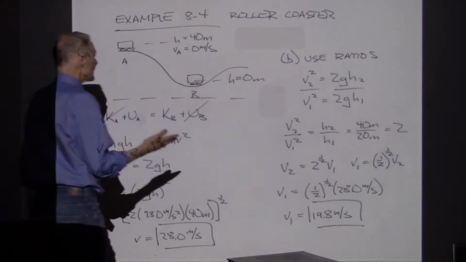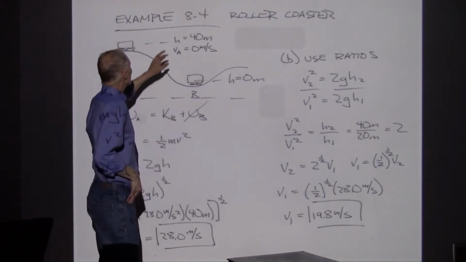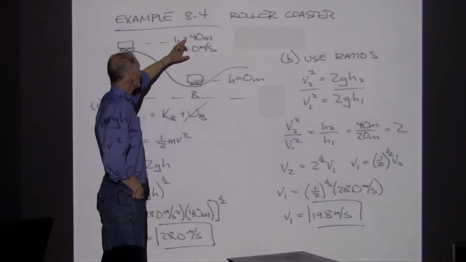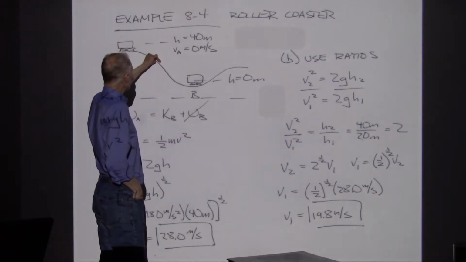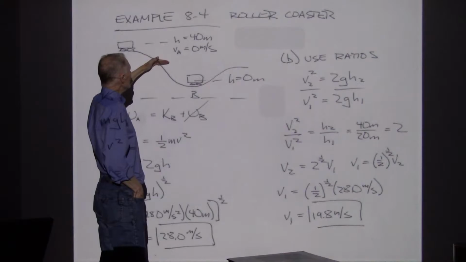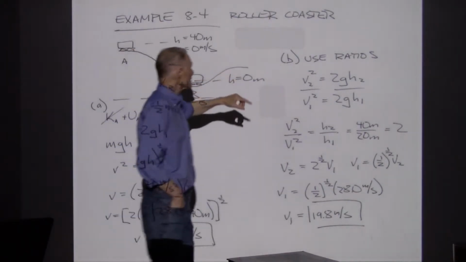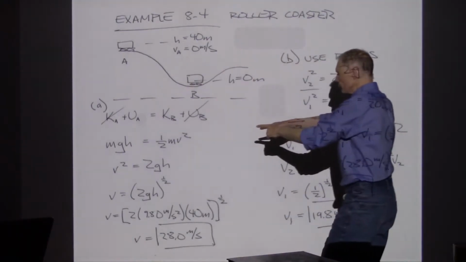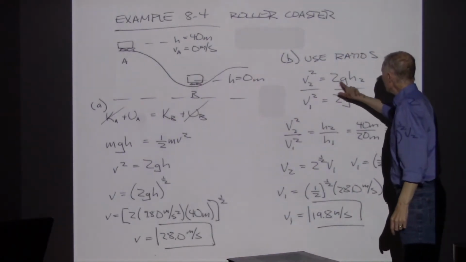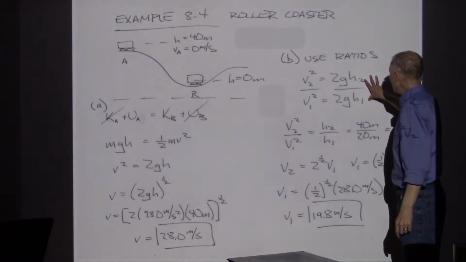Now, what would happen if, instead of dropping 40 meters, we've only dropped halfway? What if we've dropped to here? Well, we took that formula and wrote it down twice, for different heights.